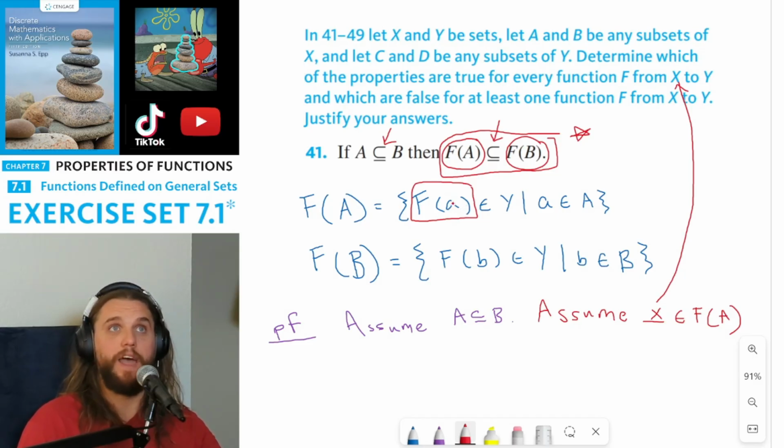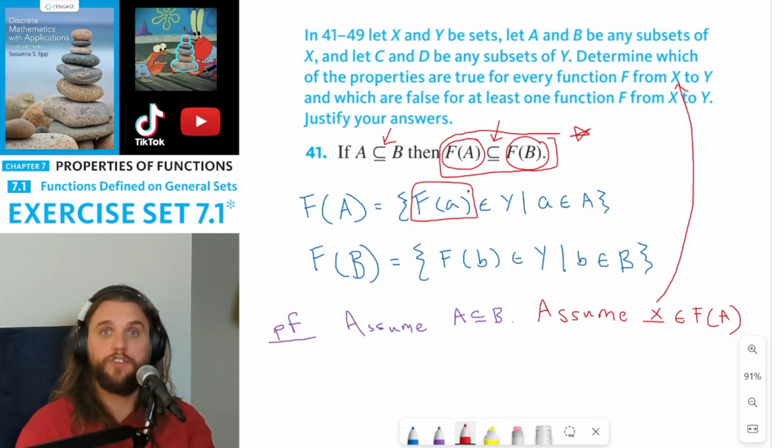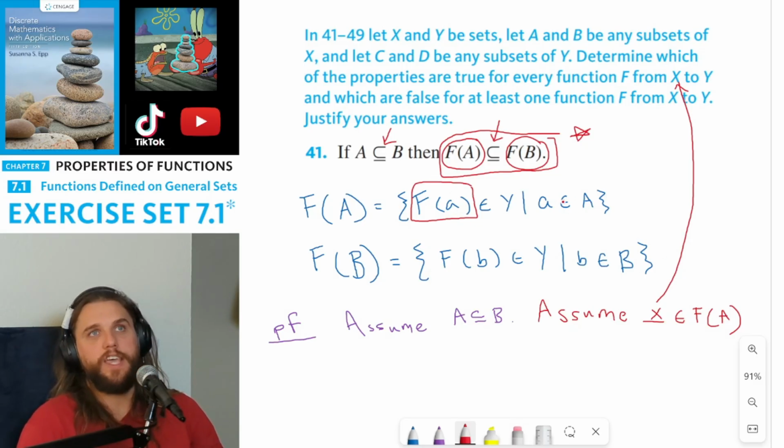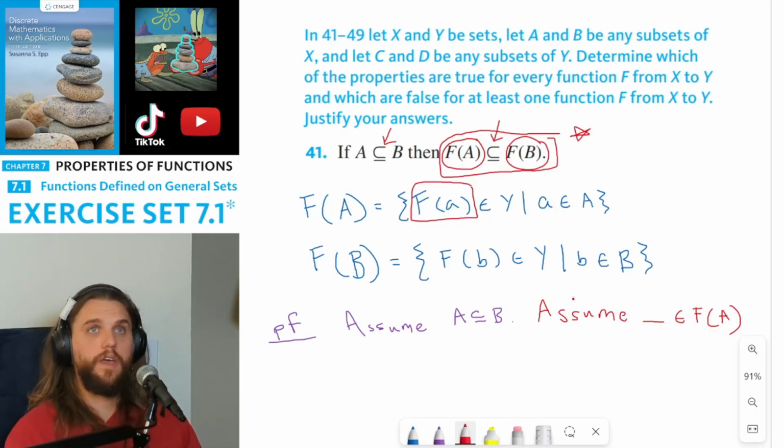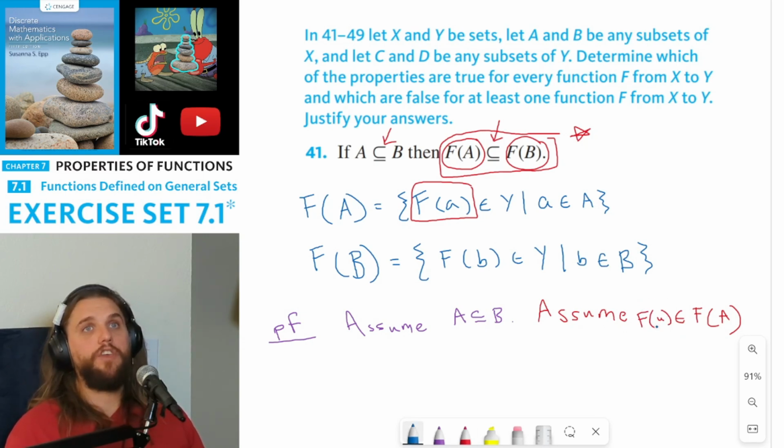So this capital F of A here, which is an element of our universal domain of discourse, shows us exactly what the elements of this set look like. They look like this F of a, where a is an element of the set. Now, I'm not going to use the same lowercase a here, even though it doesn't really matter since this lowercase a is a local variable to this set builder notation. Instead, I'm going to say capital F of u. So assume capital F of u is an element of capital F of A.